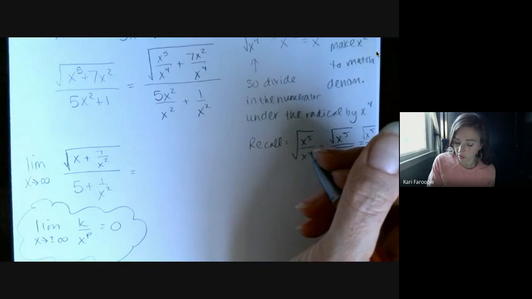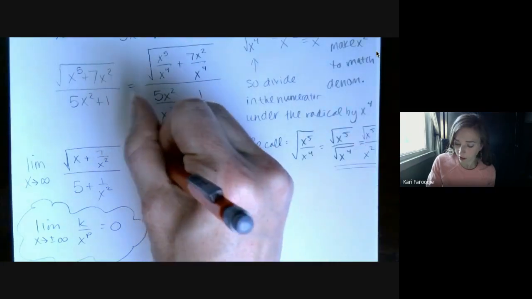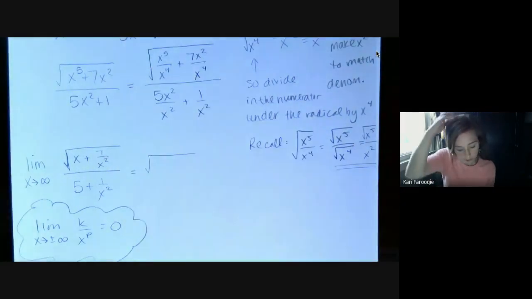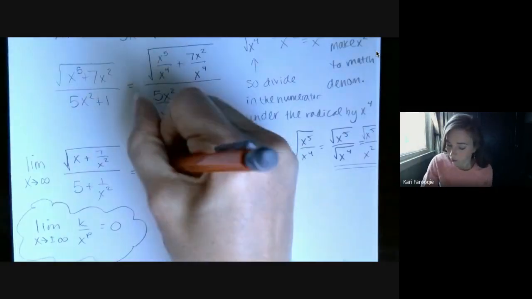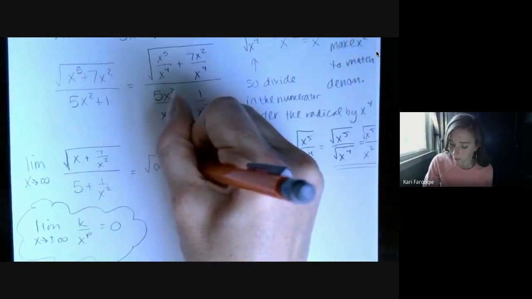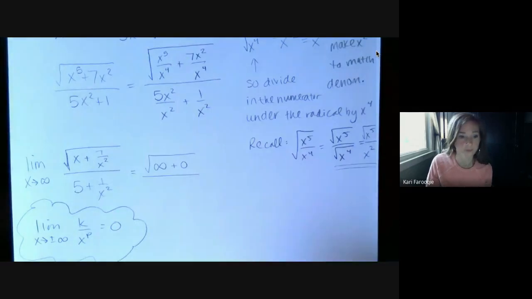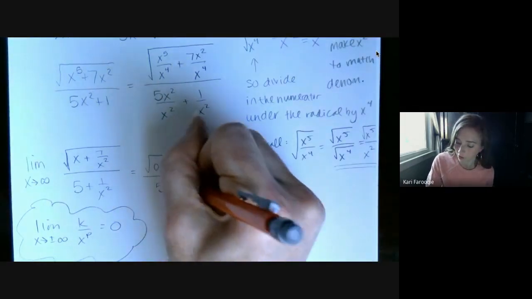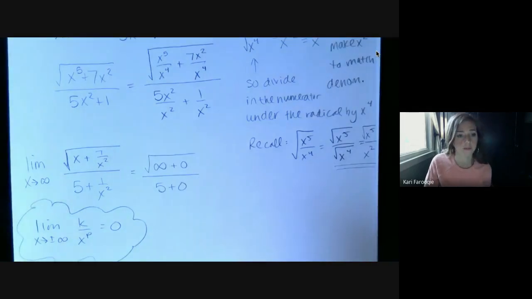So in the numerator, I'm looking at the square root of, oh, and this is going to be weird too, because you're looking at the square root of infinity plus 0. And that's okay. Divided by 5 plus 0. So we're using direct substitution here.